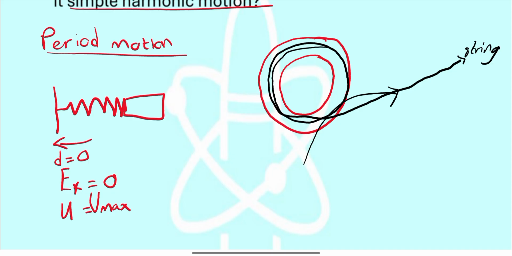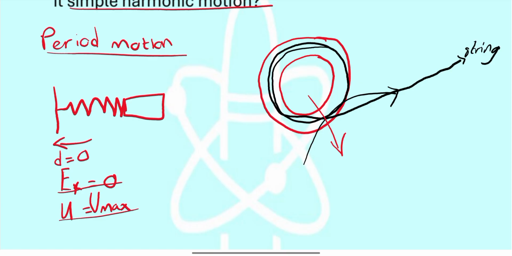But if you look at the movement of the yo-yo, it does not reach a point at which the kinetic energy is 0 and the potential energy is maximum, because there is also a vertical movement.